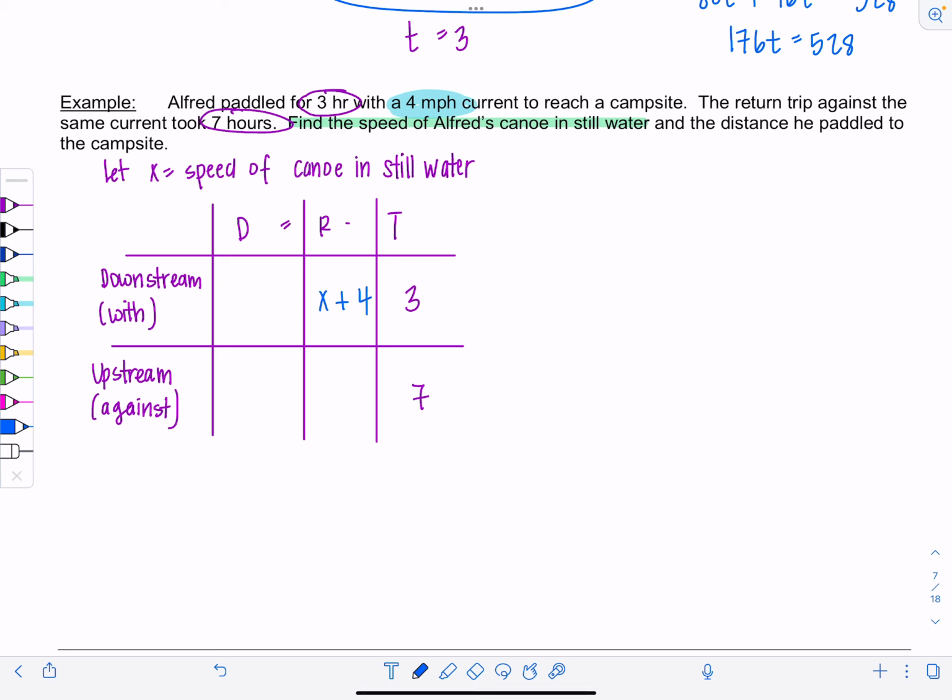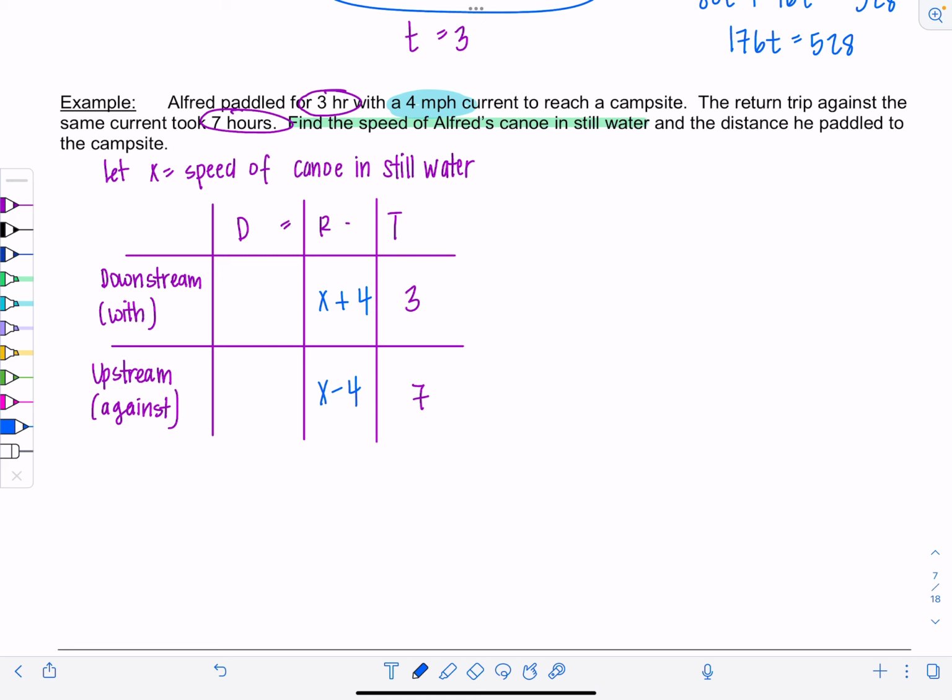However fast Alfred's canoe goes. You know, it's him canoeing, huh? It doesn't have a motor. A canoe does not have a motor. Look at Alfred go. And then upstream now, the current is working against him. So it would be x minus 4. Not 4 minus x, x minus 4. And then the force of nature.